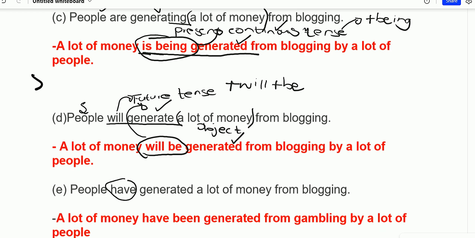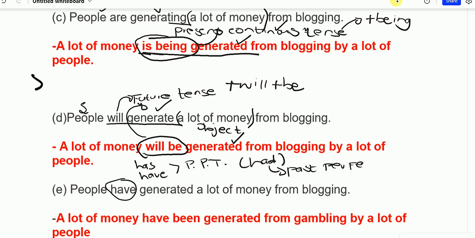Remember, for you to determine the perfect tenses, it's either the sentence will use has or the sentence will use have, which we call them present perfect tense, or the sentence will use the had. If they change that to become had, then you know that this is a past perfect tense.